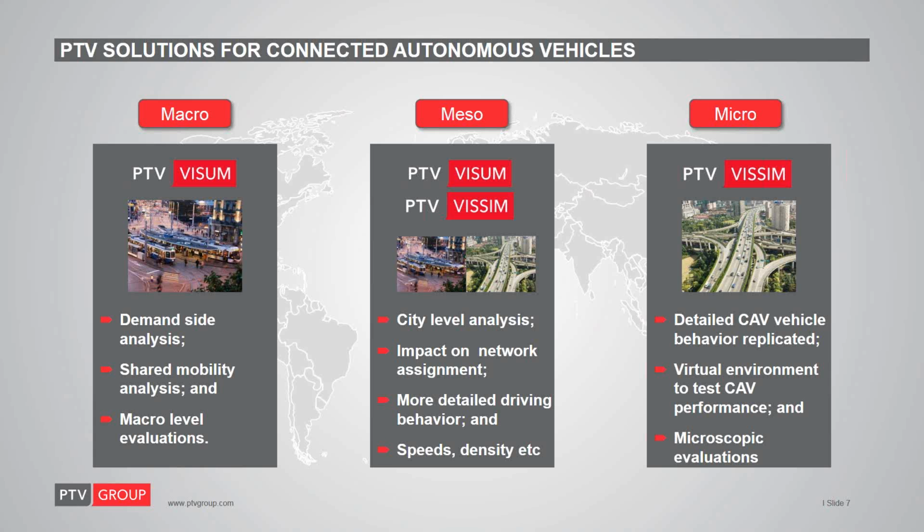So PTV's suite of software allows a varied level of CAV testing, from a macro testing level down to a meso and finally a micro level for much more detailed analysis. So at a macro level, we can understand mobility patterns and apply these to shared mobility autonomous trips, identifying the demand for AVs from existing mobility patterns and perhaps calculating the following demand and routing that people may well transfer modes towards more AV movements.